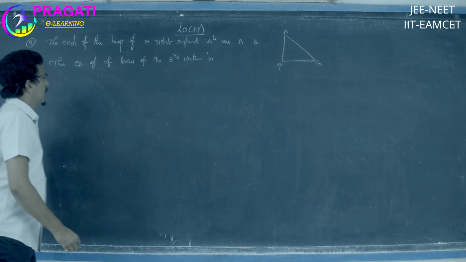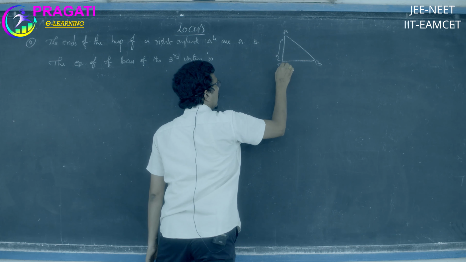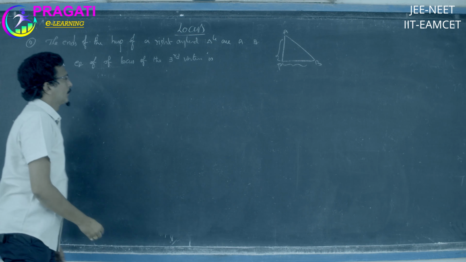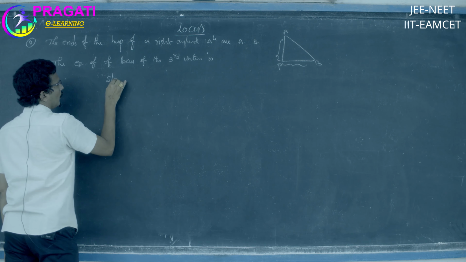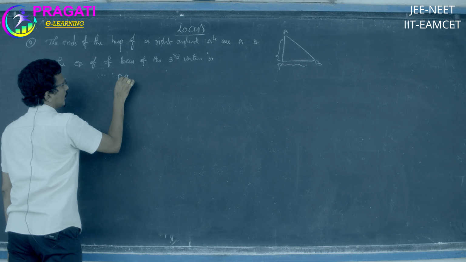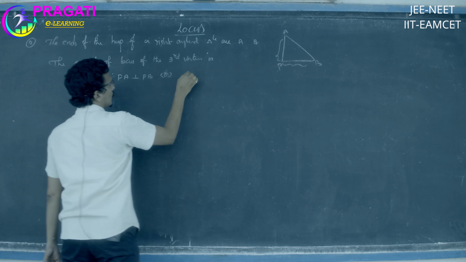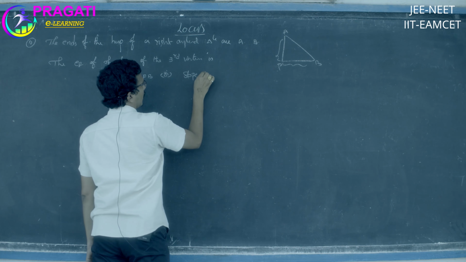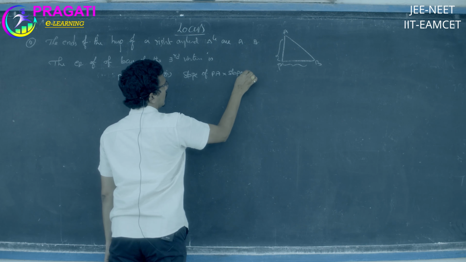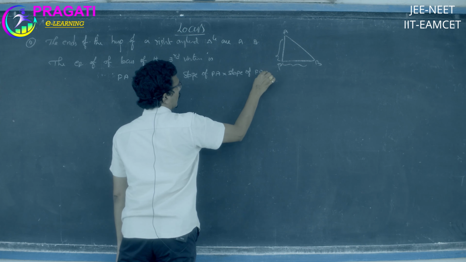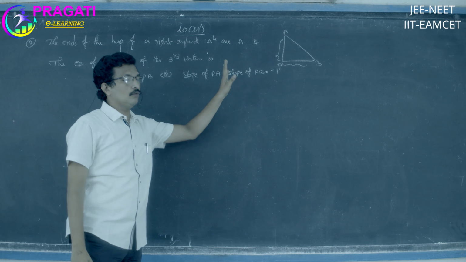In this way we use, here these two lines are perpendicular, slope of PA is perpendicular to PB, or slope of PA into slope of PB is equal to minus 1. Here two lines are perpendicular, then m1 into m2 is equal to minus 1.